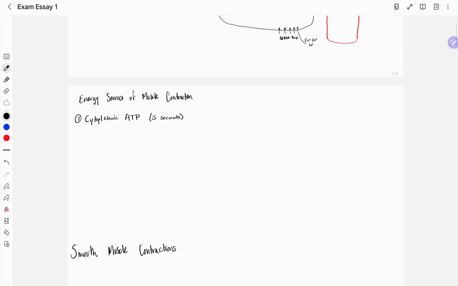And then the next energy source that would be used after that, from between 5 seconds and 10 seconds, is our creatine. I want to say creatine monohydrate, but I think that's the supplement. Let me think for a second.